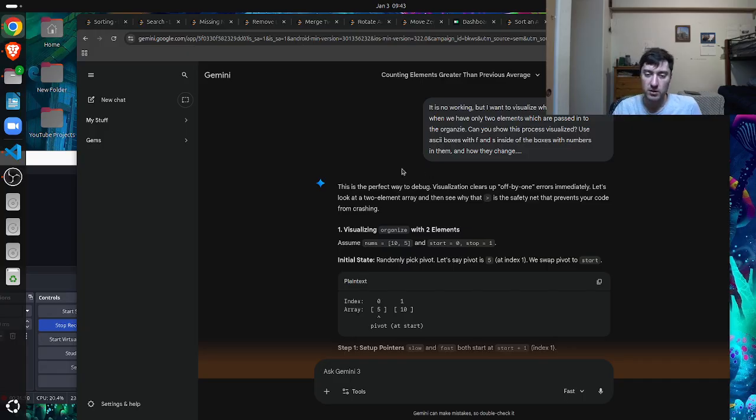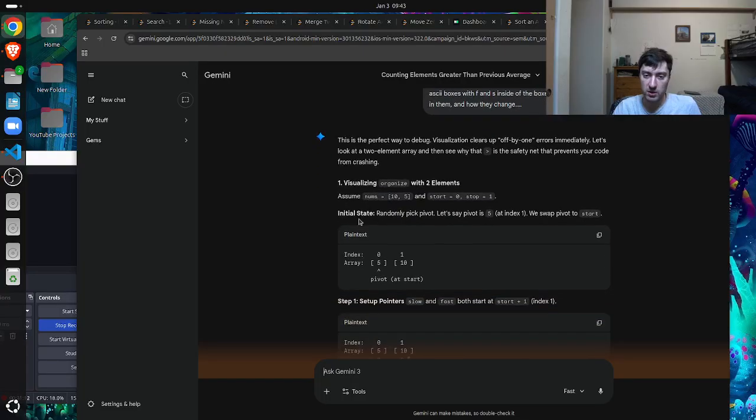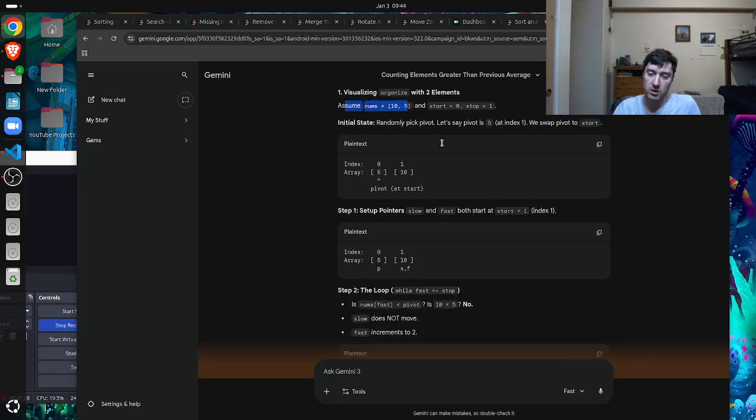Okay. Visualize organize with 2 elements. So 10 and 5 is here. I should have said to do both when the larger number is in the front and the larger number is in the back. I forgot to say do it in 2 cases.